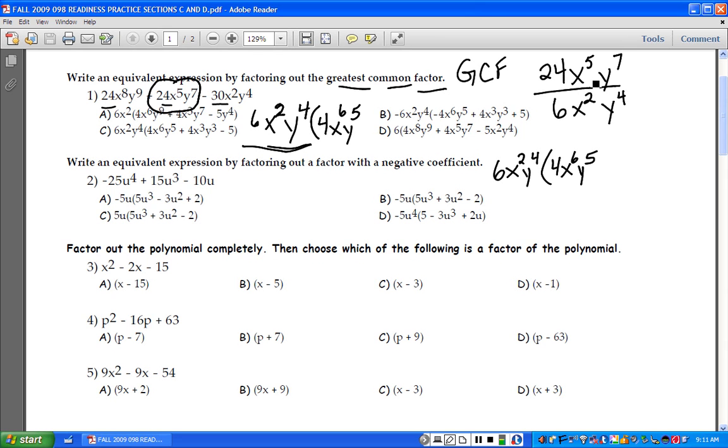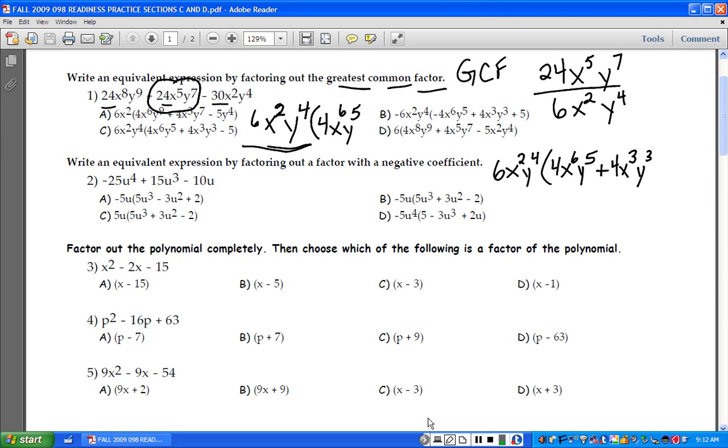So now when we divide, that 24 divided by 6 gives us a positive 4. x to the 5th over x squared gives us x cubed, or x to the 3rd. y to the 7th over y to the 4th gives us y cubed, or y to the 3rd. Okay, so that takes care of the middle.